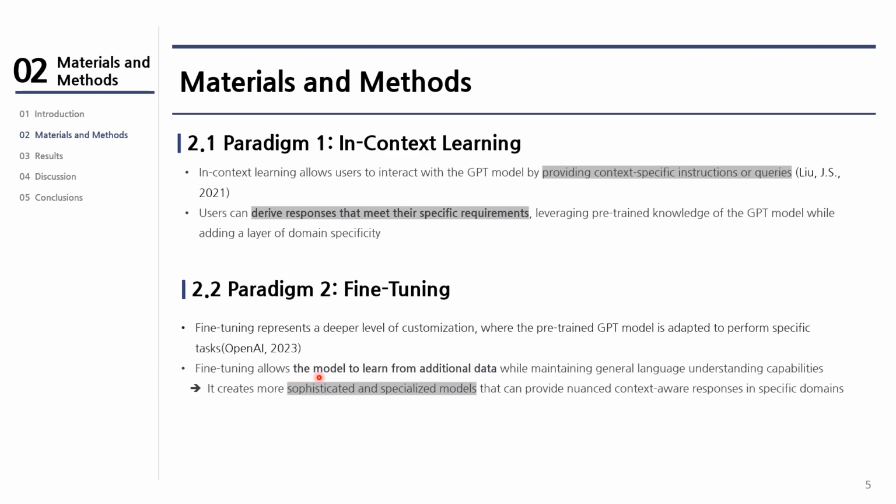Fine-tuning allows the model to learn from additional data while retaining its general language understanding capabilities, resulting in a more sophisticated and specialized model that can provide nuanced, context-aware responses in specific domains.